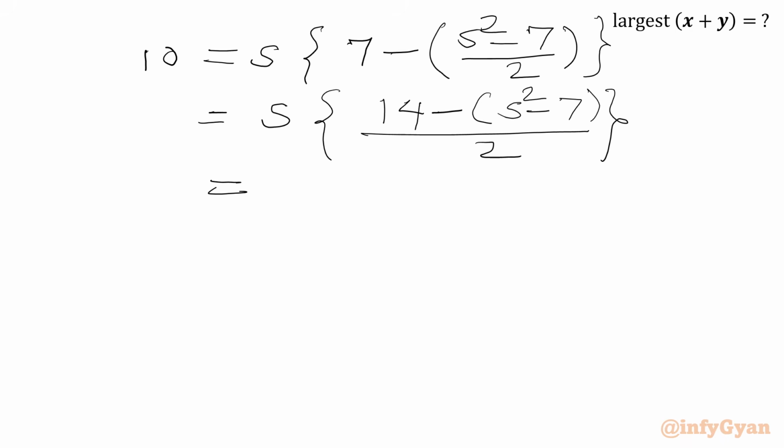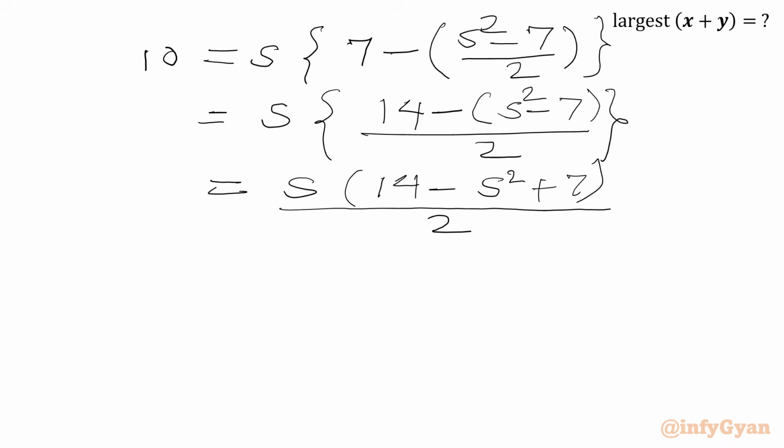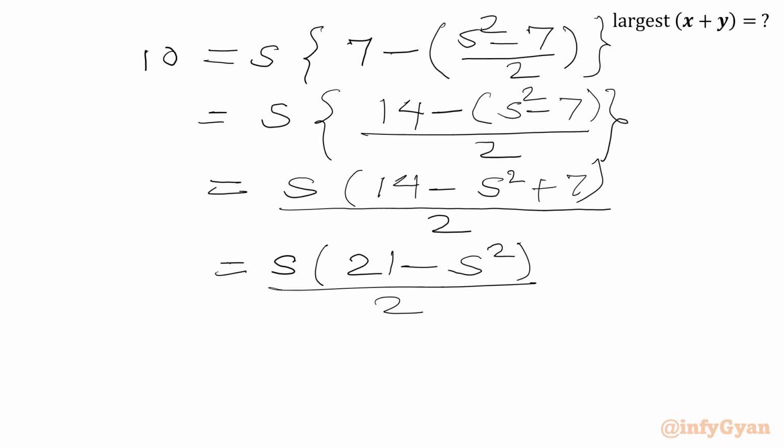Let us expand the bracket. We will get 14 minus S square plus 7 in the numerator, and in the denominator it is 2. Or we can write S times 21 minus S square over 2. This is equal to 10.